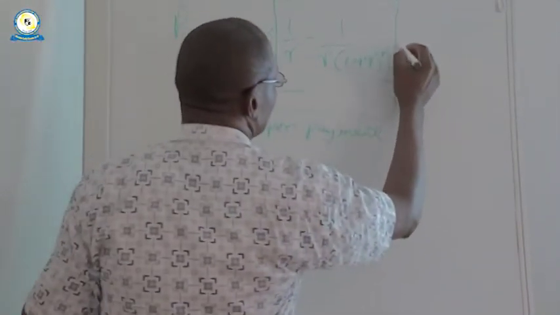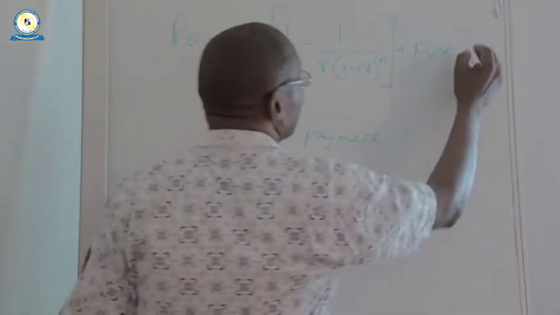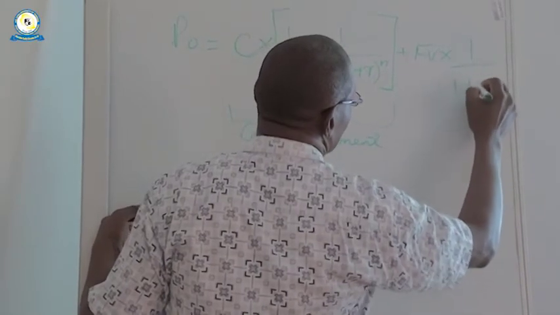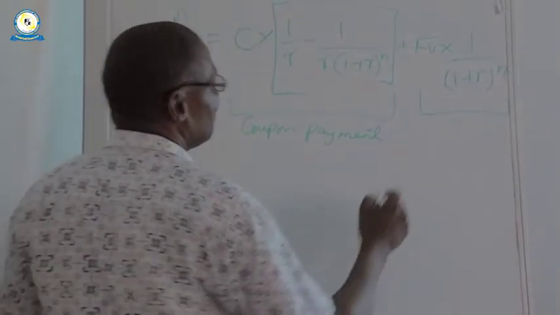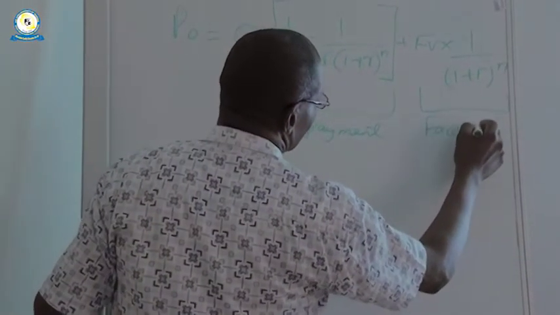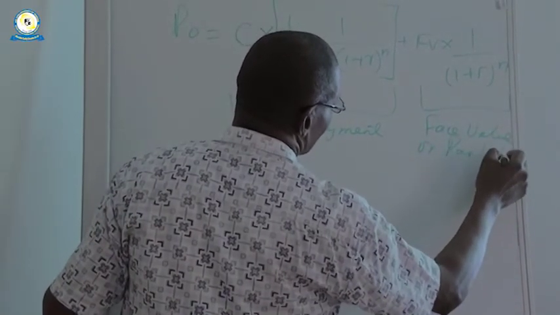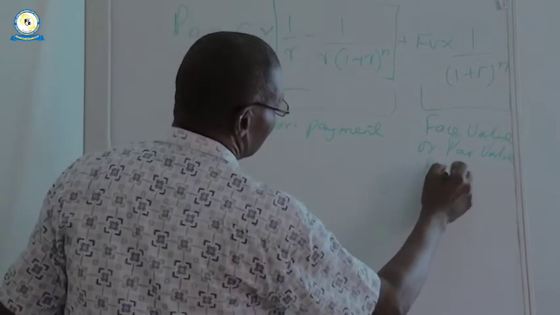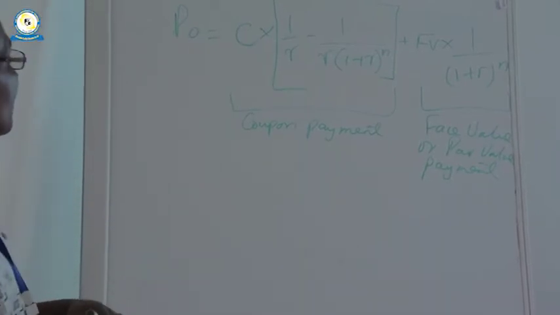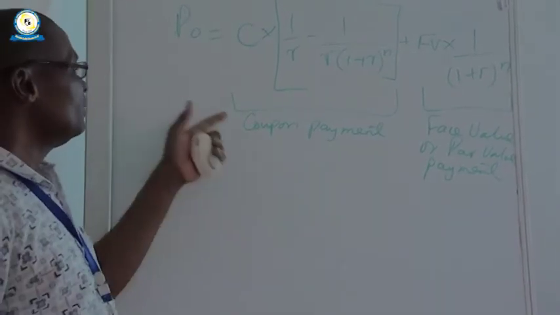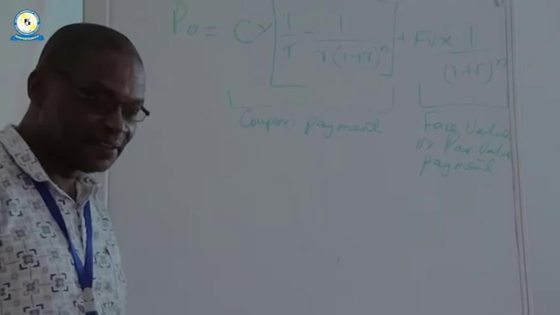Then we add the face value. Now we discount this face value by 1 over (1 plus R) to the power N. We call this part face value or par value. So in general, we say that the price of the bond is we add coupon payment and face value payment, but discounted.